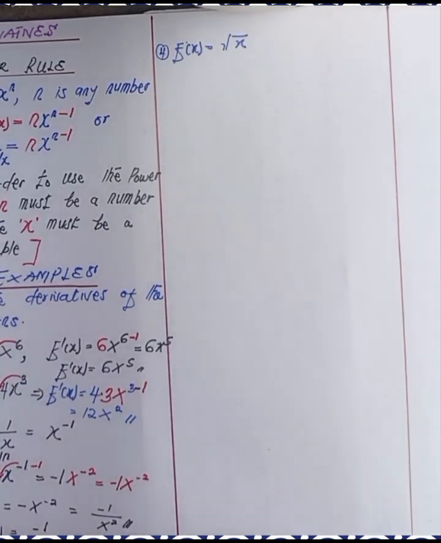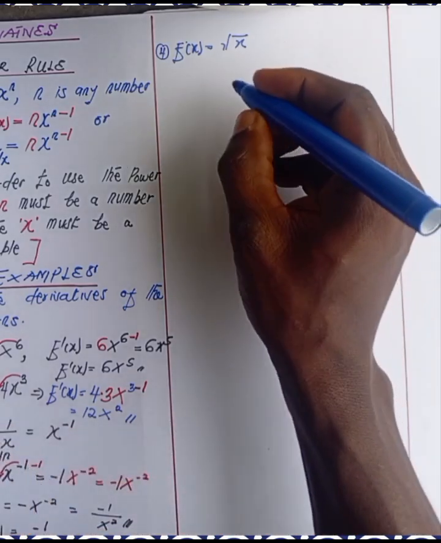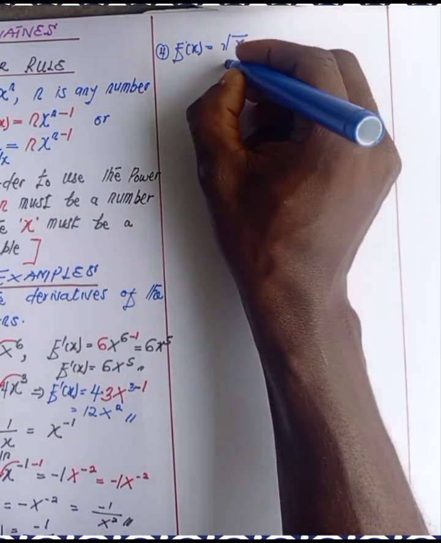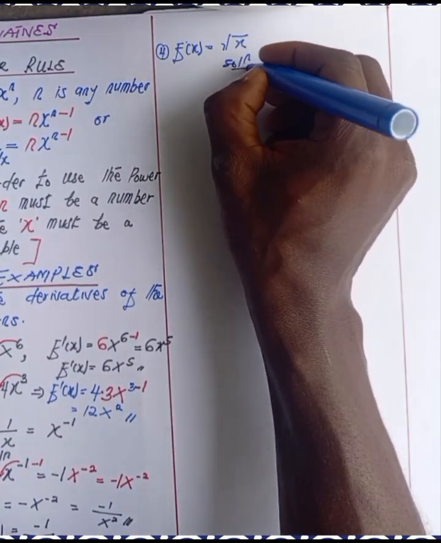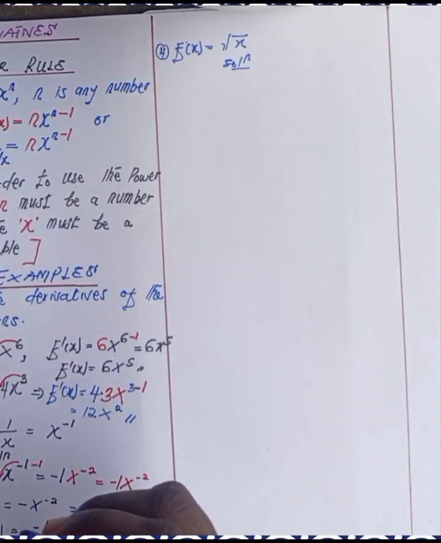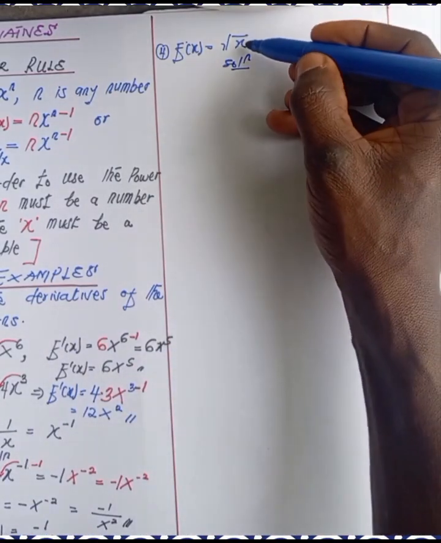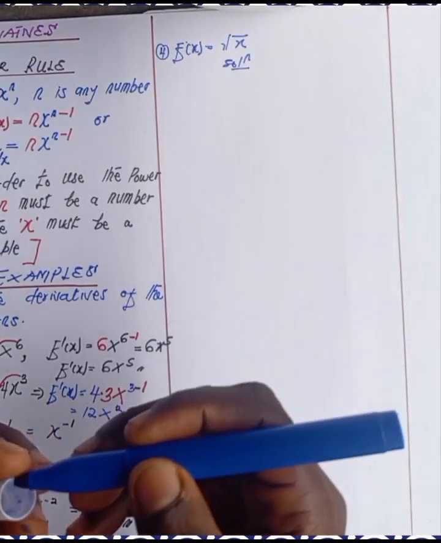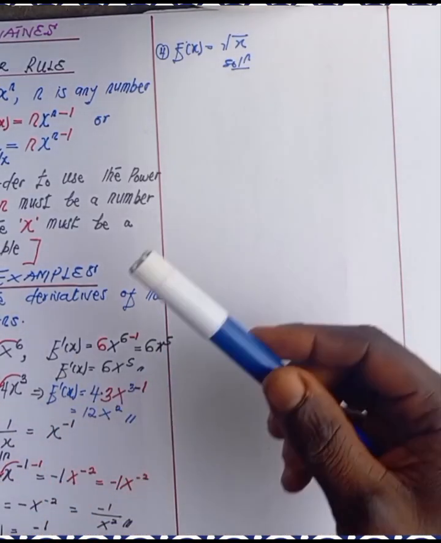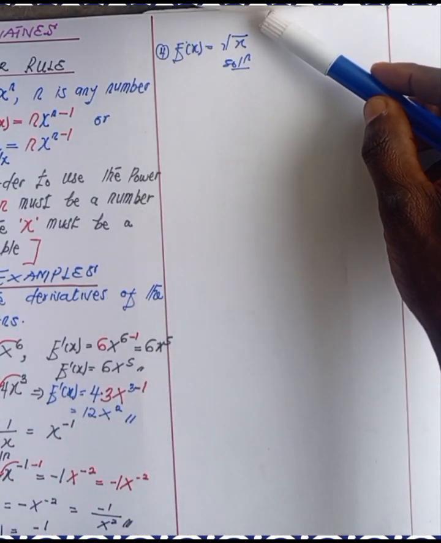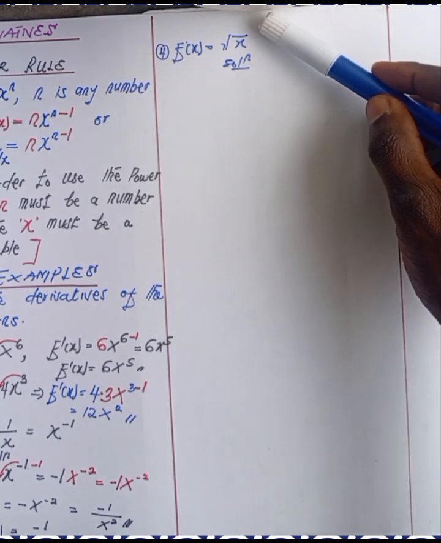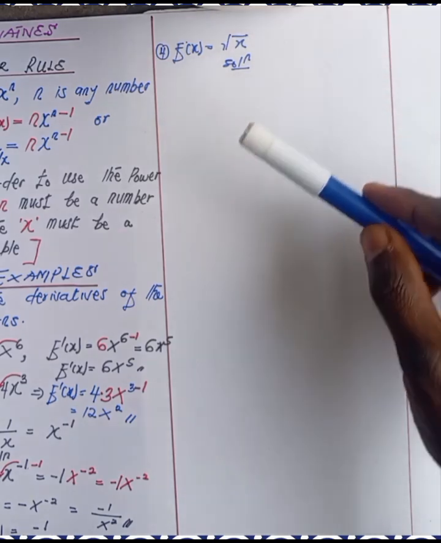Let's take the next example. We have f of x is equal to the root of x. We have to find the derivative of this function. Before we can find the derivative of root of x, we first convert the root sign, or radical sign, into a fractional exponent in order to use the power rule.